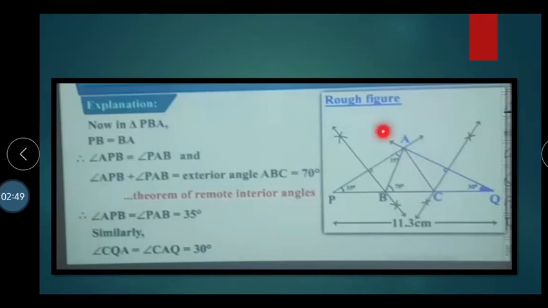Similarly, we can prove about triangle CAQ. Here, angle CAQ and angle ACQ are equal, 30 degree, as angle ACB, that is the exterior angle, is 60 degree. So these angles will become 30 degree.